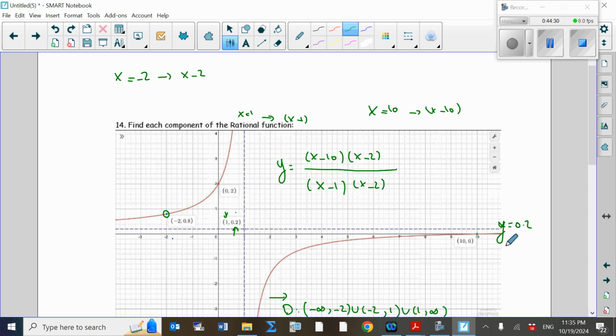Then the horizontal asymptote is at 0.2, or we just said it's basically 1/5. If the horizontal asymptote is a number, that means this was basically the leading coefficient of the top over the leading coefficient of the bottom, because as you see, the degree of the top is 1 plus 1, 2. Degree of the bottom is again 1 plus 1.